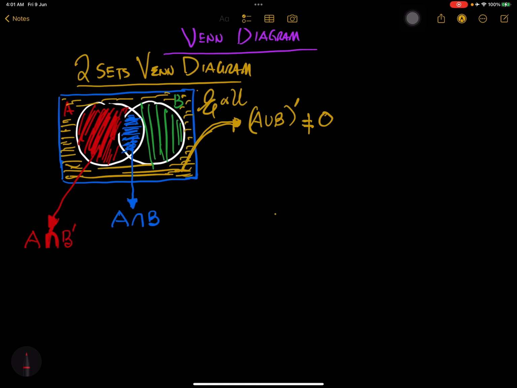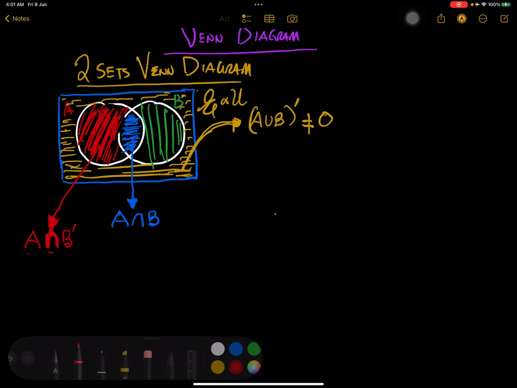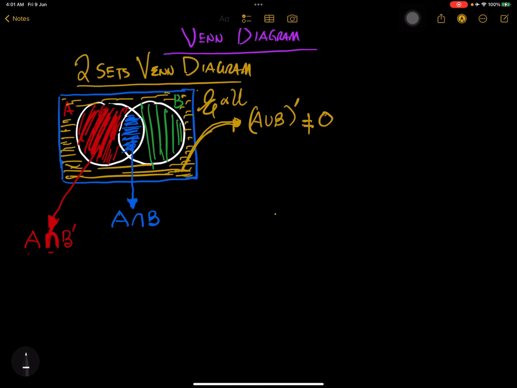We don't have any red color in B. So it is A and not B. Not B means B complement. So keep that in mind. And then the blue region is A together with B.